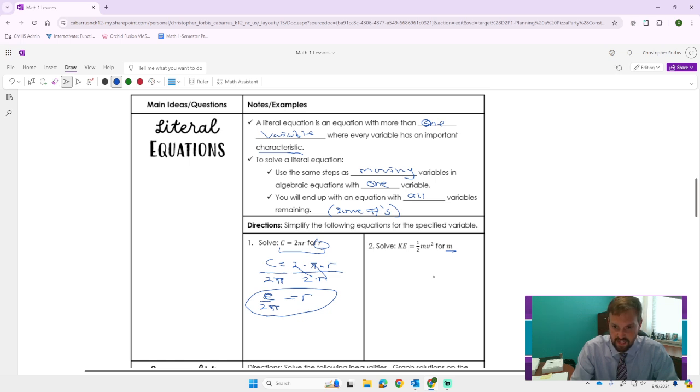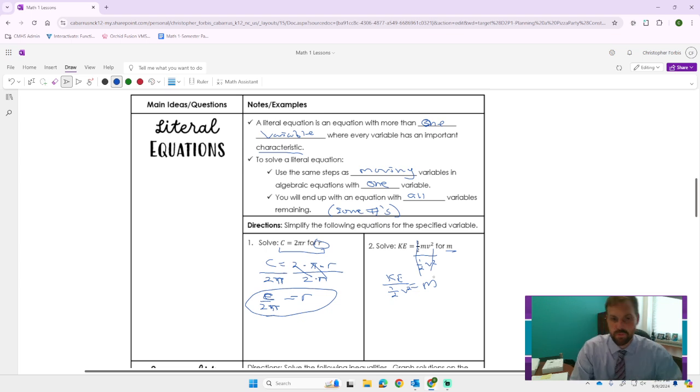Since I'm multiplying by those values, I want to divide by 1/2 and v squared. So the 1/2s cancel and the v squared cancel, and I'm left with just m. But whatever I do on the right side, I'm going to do on the other side, so I'm going to divide by 1/2 and v squared.